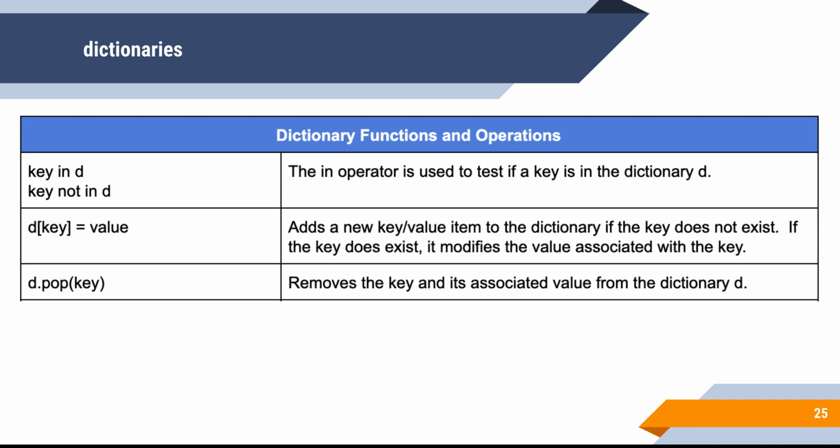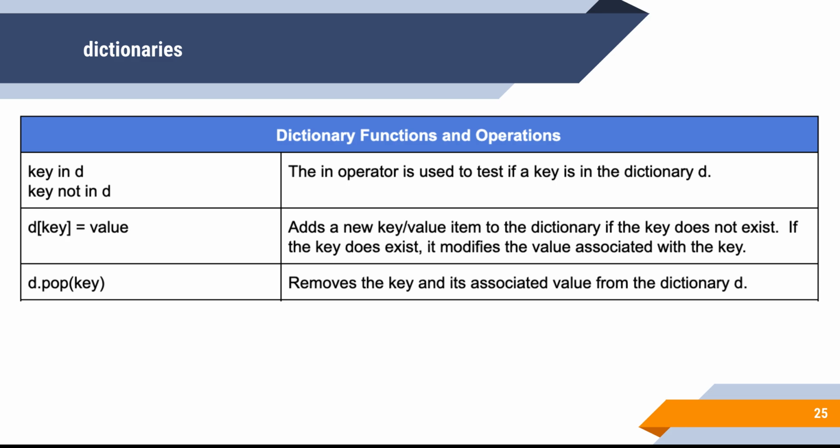All right, some other dictionary functions and operations. Just like lists, you can say something like key in D, and that would test whether or not a key is inside of the dictionary. You could also say key not in D. To add something to the dictionary, you would just say dictionary name, bracket, whatever key you want to give it, equals value.